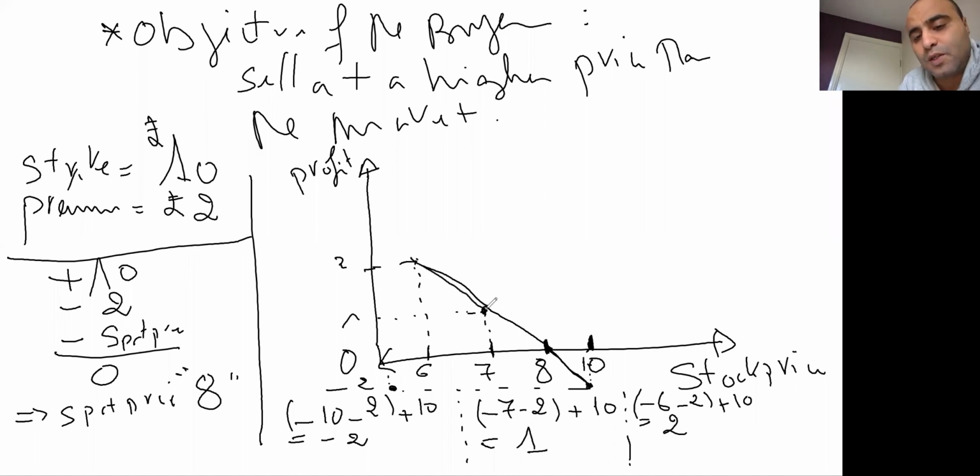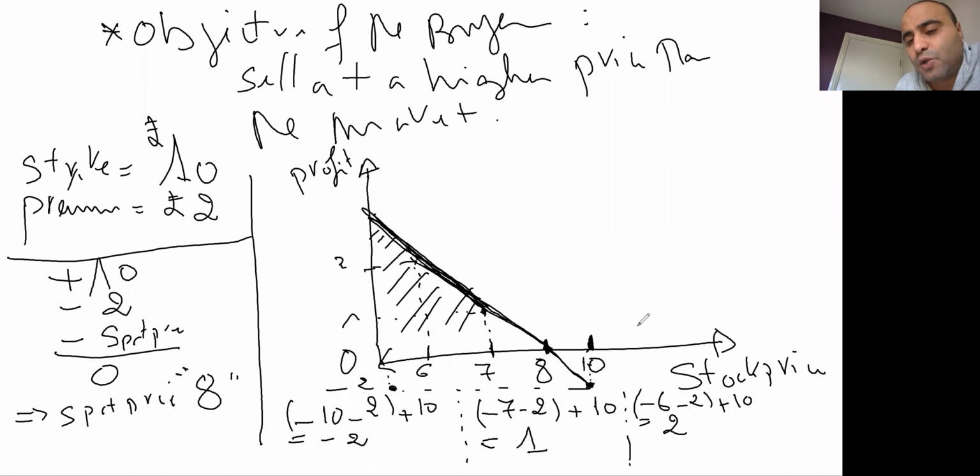Of course we continue like that, and so this is the global picture of the profits that the person could be making if we are below this break-even point.